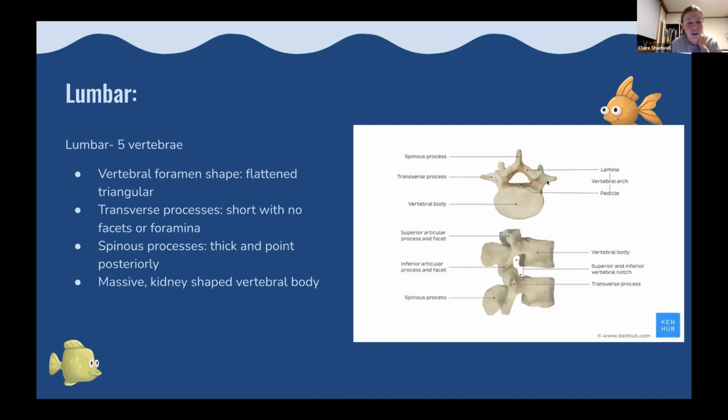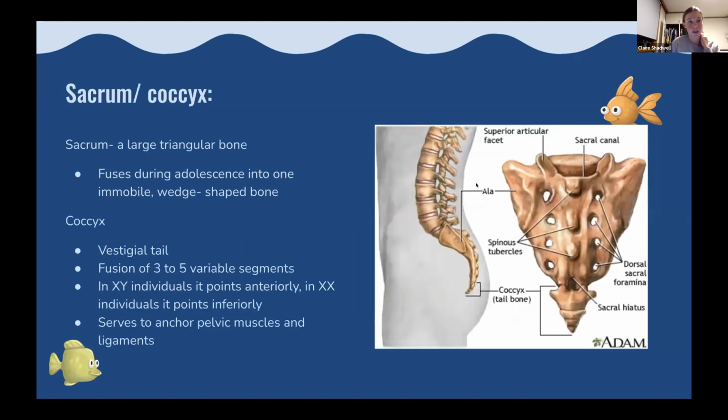And then moving on to the lumbar, there are 5 vertebrae in this area, and they have a flattened triangular shaped vertebral body, and their transverse processes are short with no facets or foramina, and their spinous processes are thick and point posteriorly. And then moving on to the sacrum and coccyx. The sacrum is actually 5 different vertebrae, but they fuse by adolescence into this immobile wedge-shaped bone.